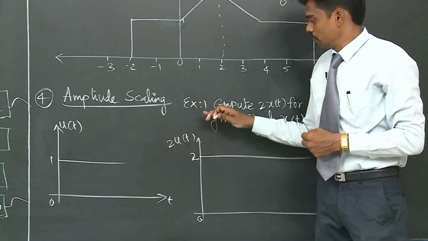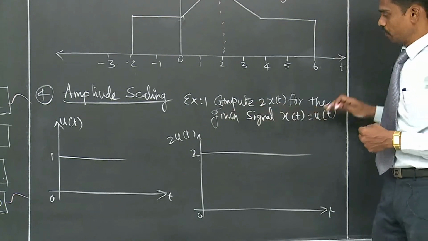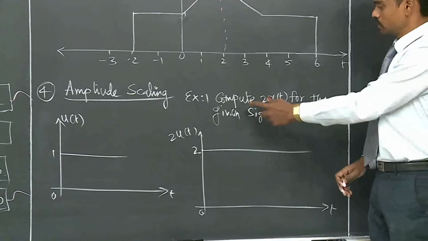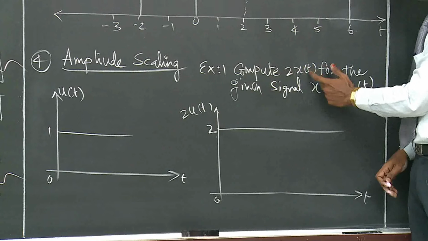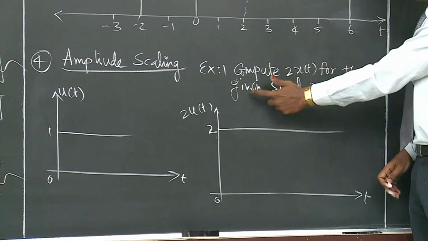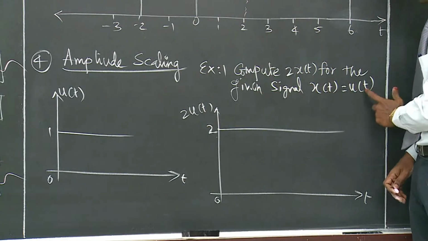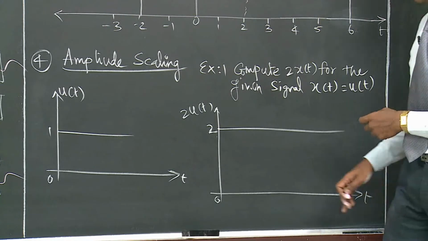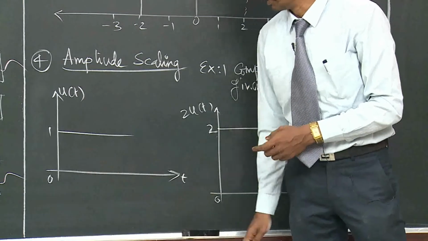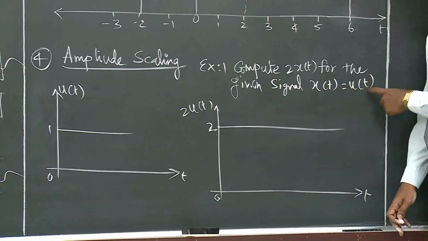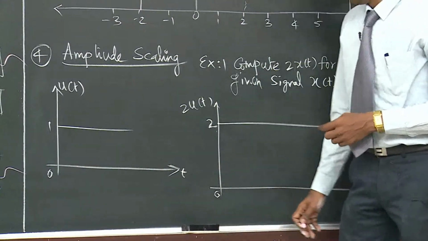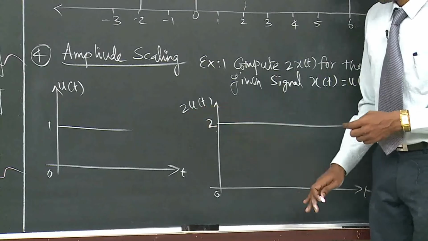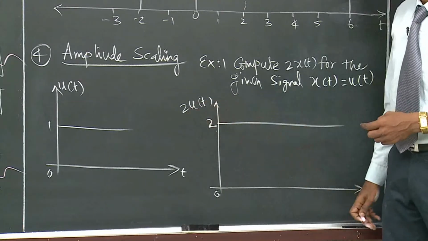Here I want to explain again with an example. For the given signal x of t, you are asked to compute 2x of t. x of t is u of t; simply I have taken the unit step signal, and I have drawn it.